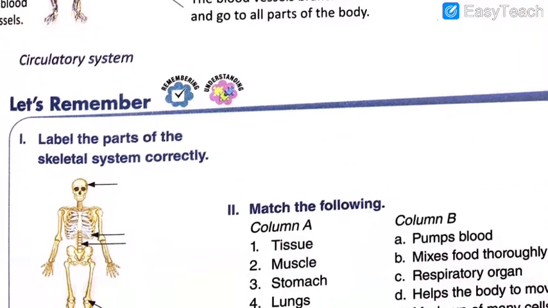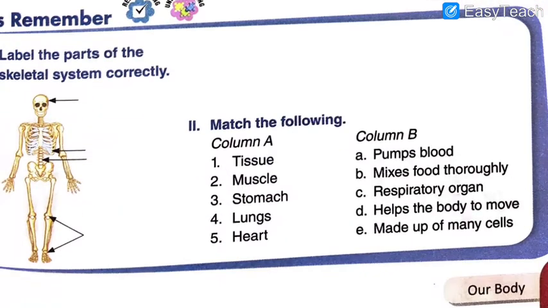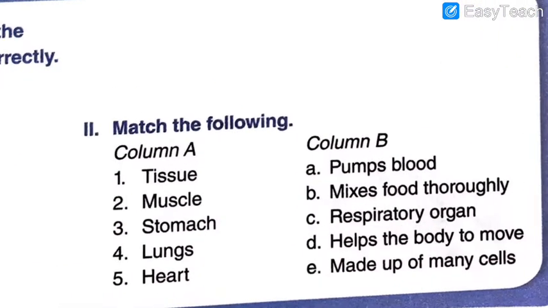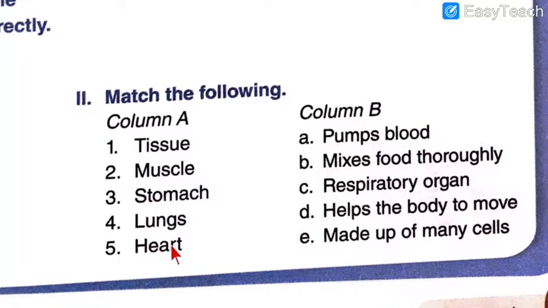Now students, let us match the following. I hope that you too will solve it. So here column A: number 1 tissue, number 2 muscles, number 3 stomach, number 4 lungs, number 5 heart.